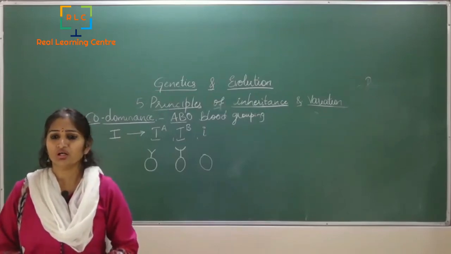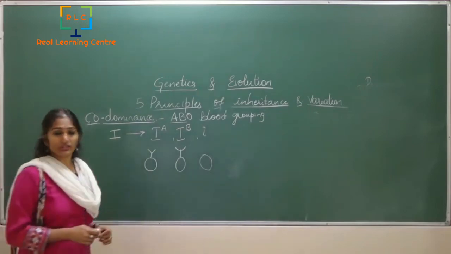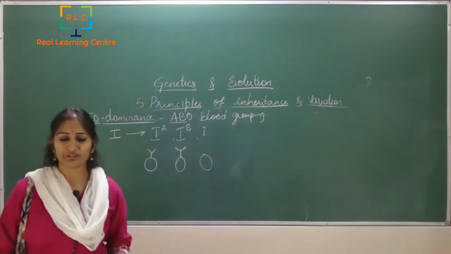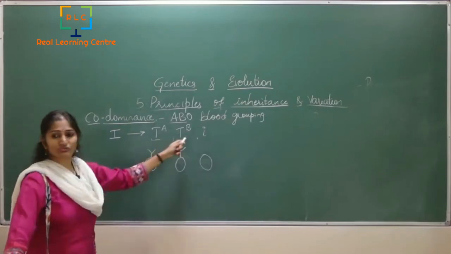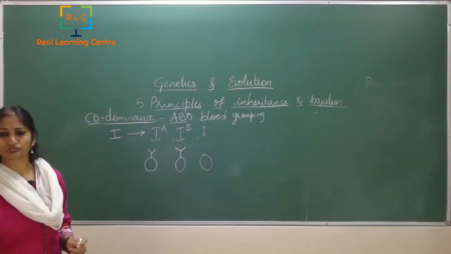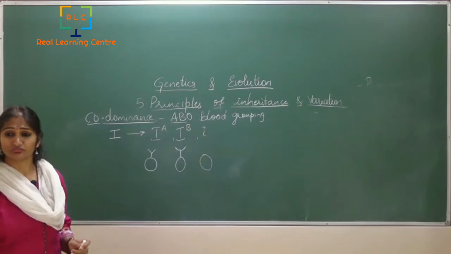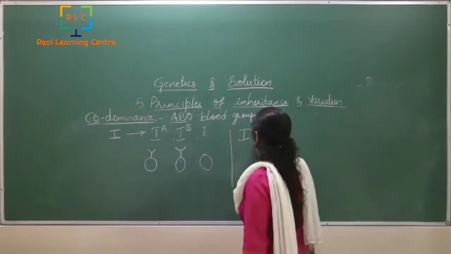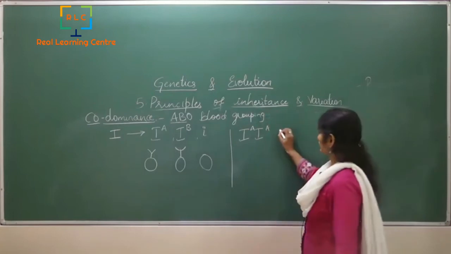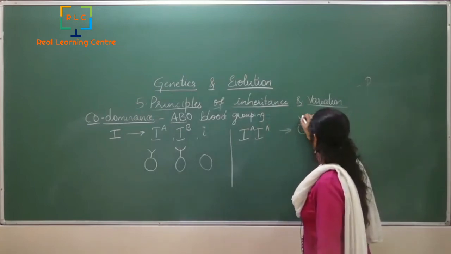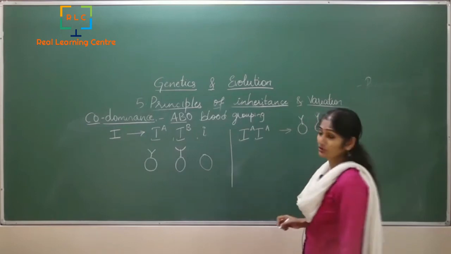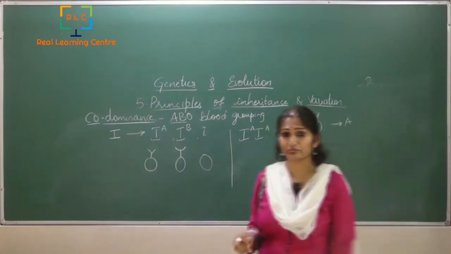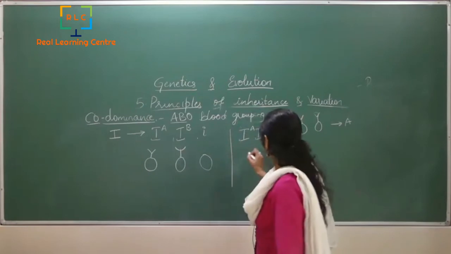But now we all know that we human beings are diploid. Because we are diploid, we have different combinations of these genes. Suppose I have IA and IA, then the red blood cells will always have this kind of antigen present on them, and therefore the blood group is what we call A. There is one more combination.